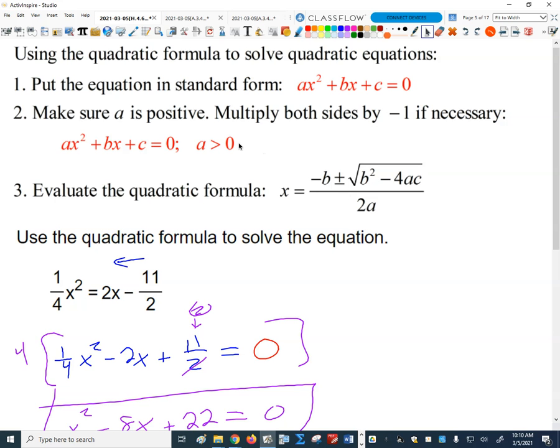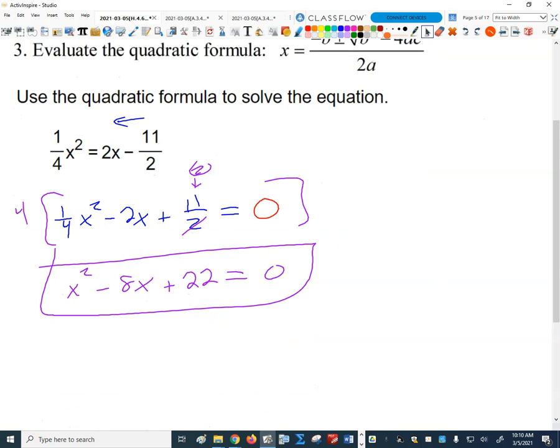So how do we use this? First of all, we always have to start in standard form. If a quadratic equation is not in standard form, we put it in standard form. We always want a to be positive, so we'll distribute a -1 through both sides if necessary to make a positive, and then we just evaluate the quadratic formula.